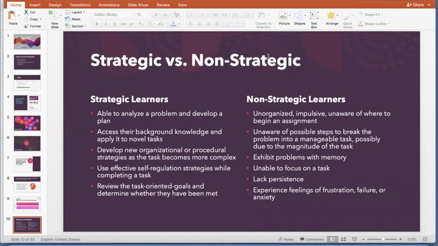And can review task-oriented goals and determine whether they've been met. So they know whether or not they've achieved the goal they set out for.